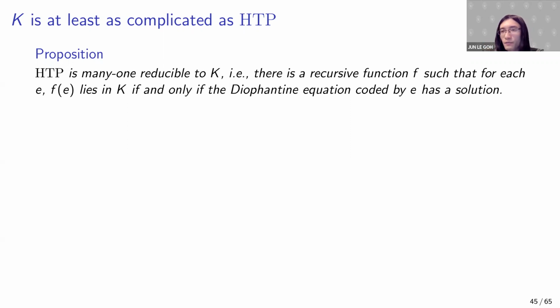So if the Oracle says that, yes, f of e is in K, then your answer for whether the Diophantine equation coded by e has a solution should be yes as well. Similarly, if the Oracle says f of e is not in K, then you know that the Diophantine equation coded by e has no solution. So you're going to answer no.